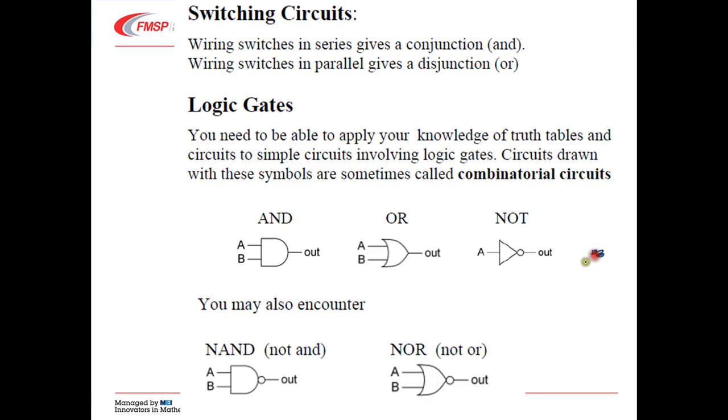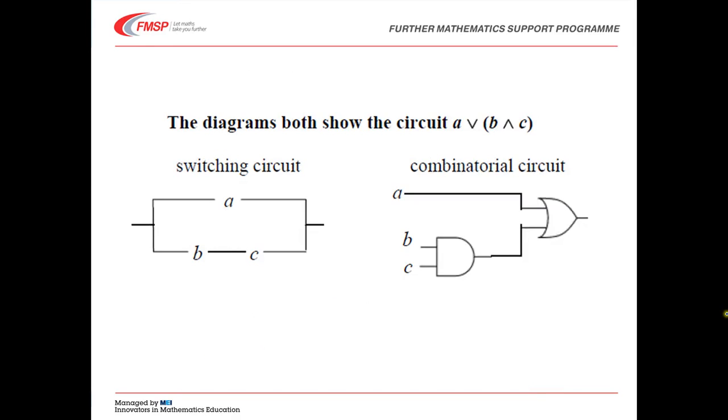And those are the most common ones. You might encounter those there. So your switching circuit looks like this, just variables connected by lines, and the combinatorial circuit will use those logic gates to combine things, but they are equivalent ways of showing the same information.